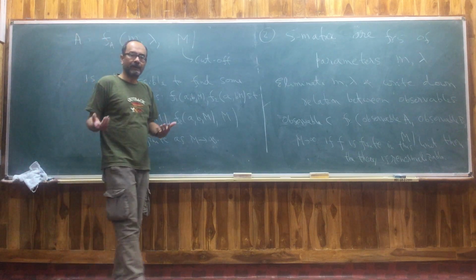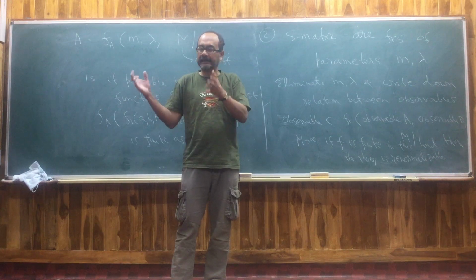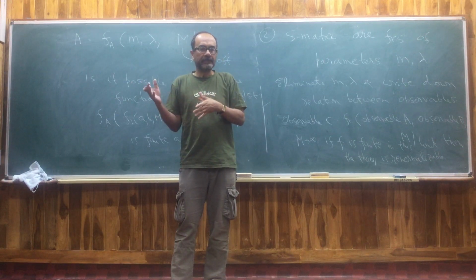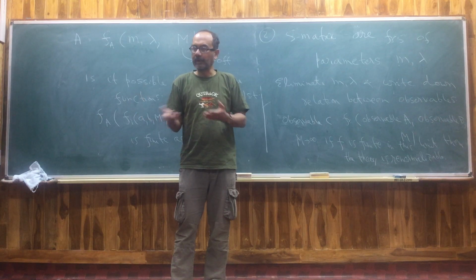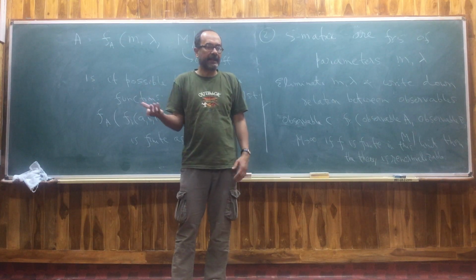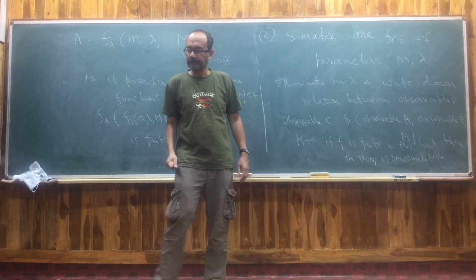We are encountering the fact that the parameters in the Lagrangian, m and lambda, are infinite. But we don't care if the parameters that we introduce in the Lagrangian are infinite, right? As long as the S matrix elements are all finite, we are okay.